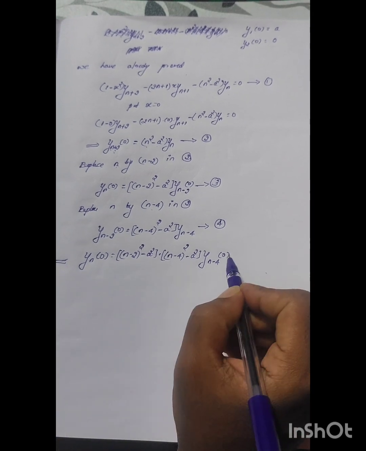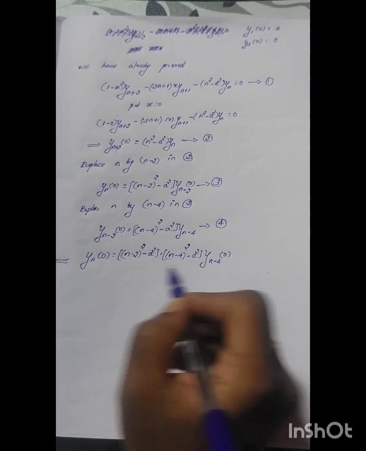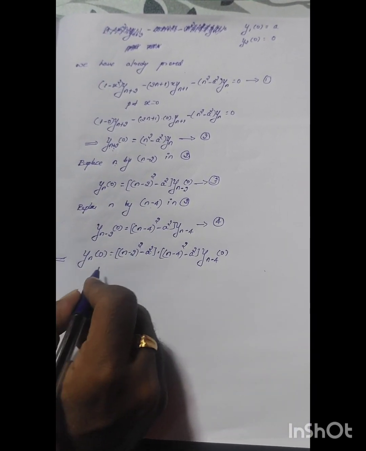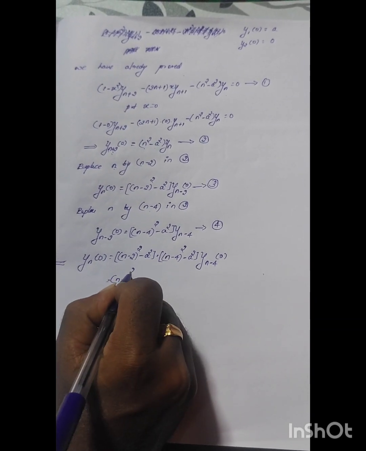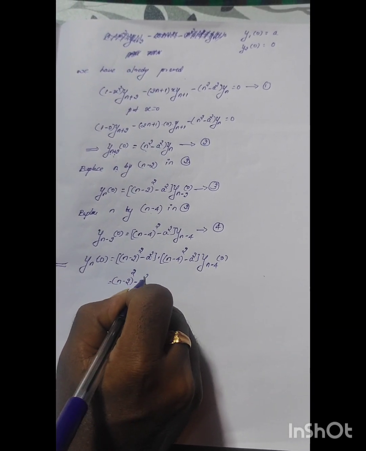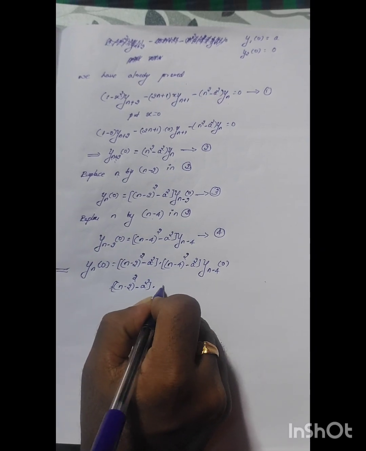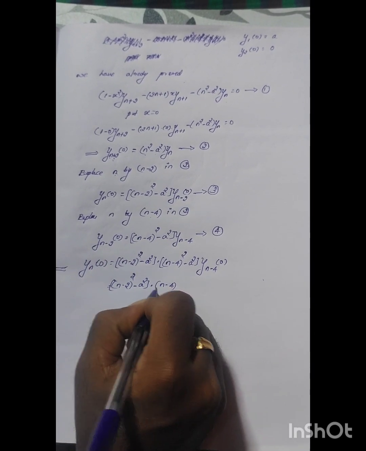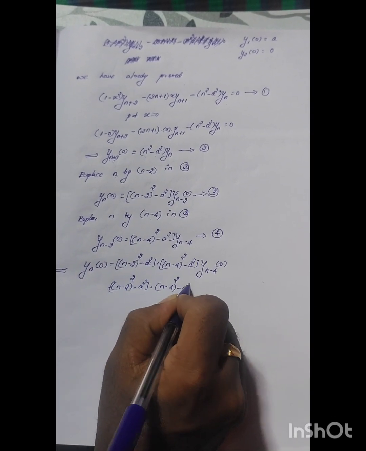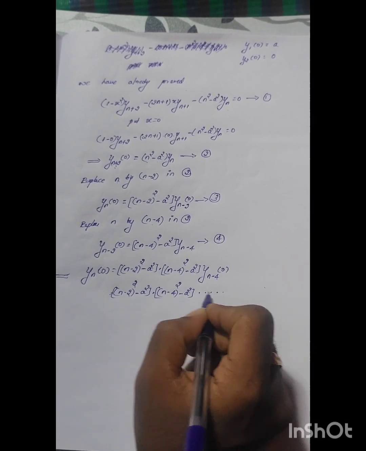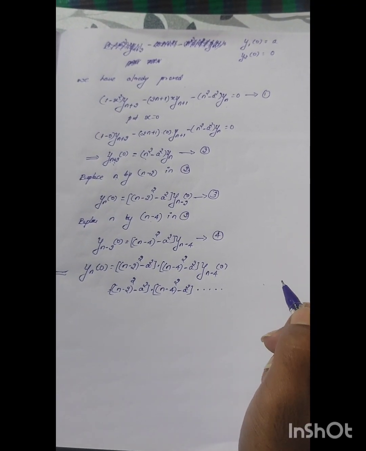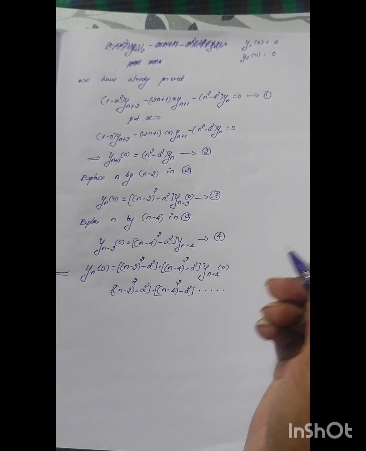We have to get the last term in order to find yn of 0. So yn of 0 can be n minus 2 the whole squared minus a squared into n minus 4 the whole squared minus a squared, and so on and so on. It can go till the last term, that is y1 of 0 or y2 of 0.